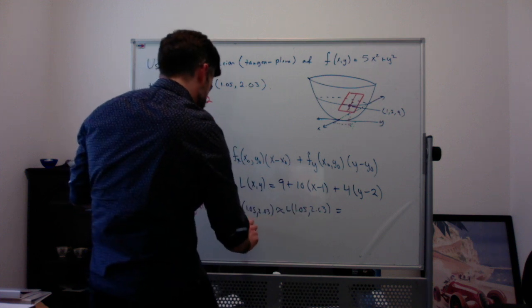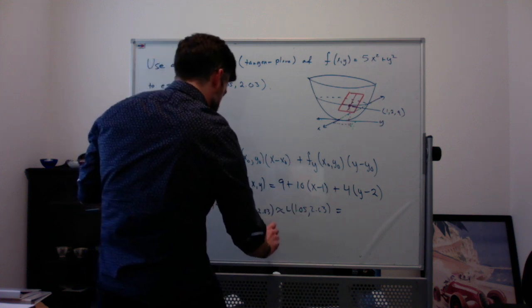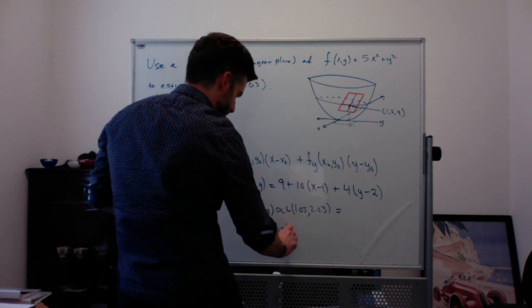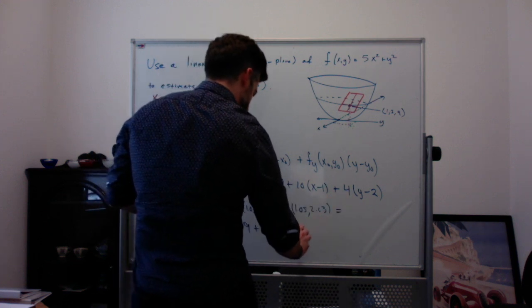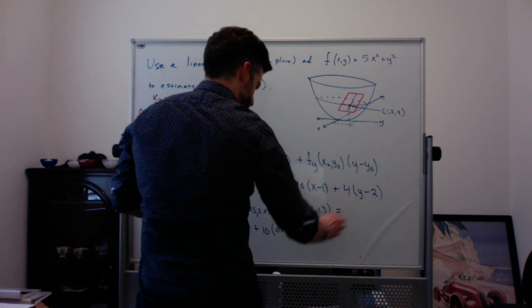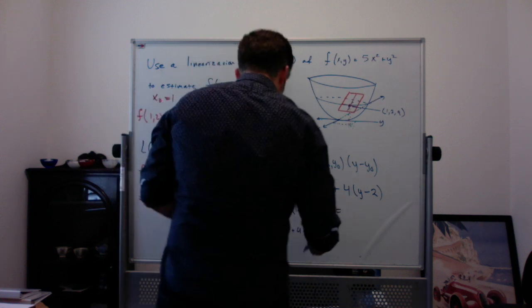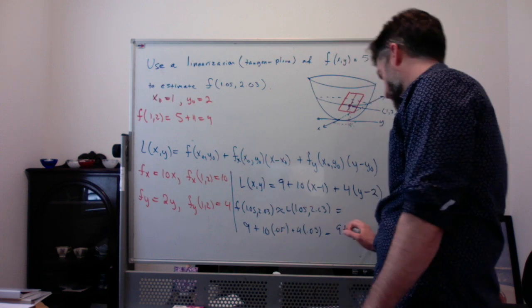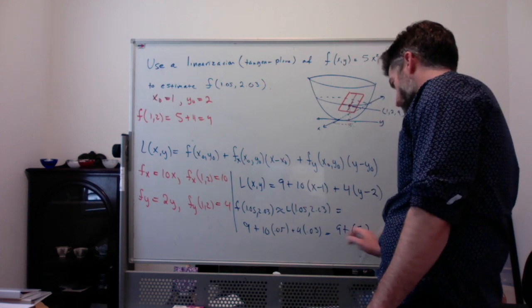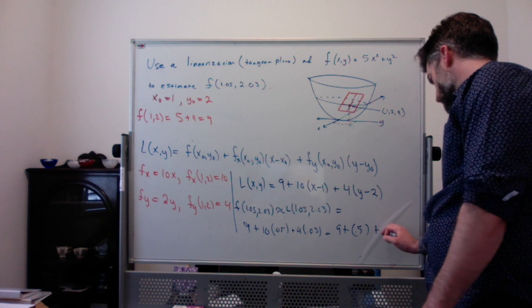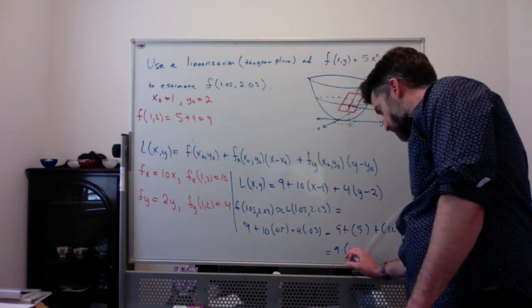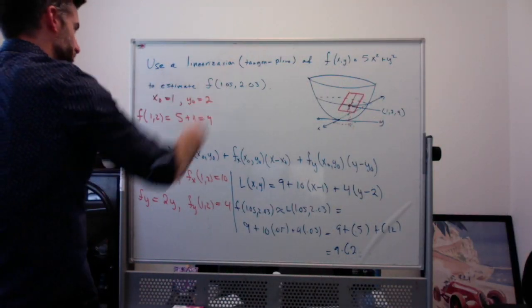So I'm going to get 9 plus 10 times 1.05 minus 1, which is just 0.05, plus 4 times 2.03 minus 2, which is just 0.03. So I end up getting 9 plus 10 times 0.05, which is 0.5, and 4 times 0.03, which is 0.12. So you get 9.62.